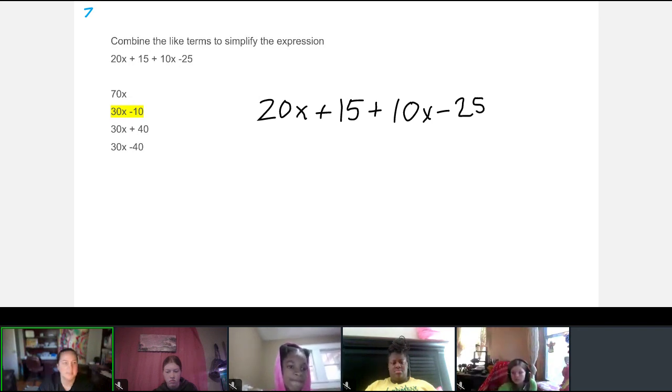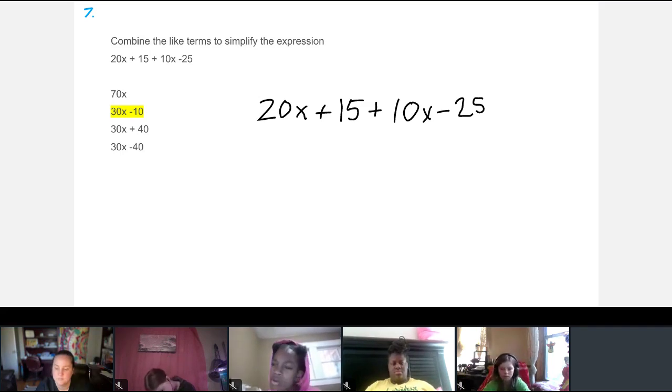Now, our question says, combine the like terms to simplify the expression. Somebody tell me in the chat box, what does it mean when it says like terms? Yeah, Bella, give me just a second. What does it mean when it says like terms?